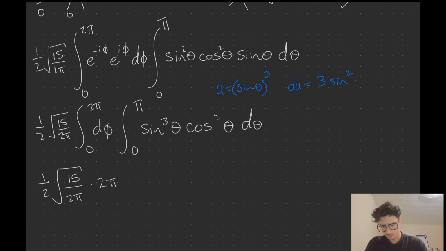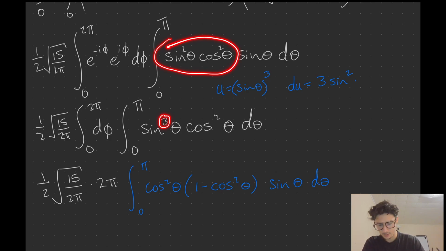Wow. Here's how they do this integral. 0 to pi. They keep cosine squared here, and they have 1 minus cosine squared replacing the sine squared, and you have an extra sine theta here, d theta. So they split this up into this form, like how we had it before.